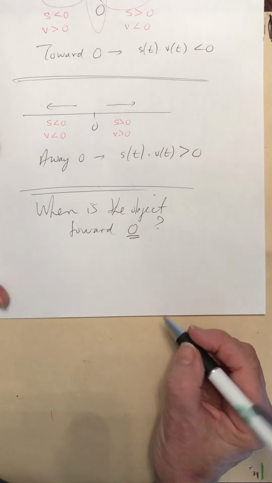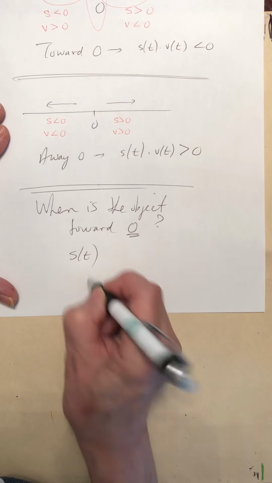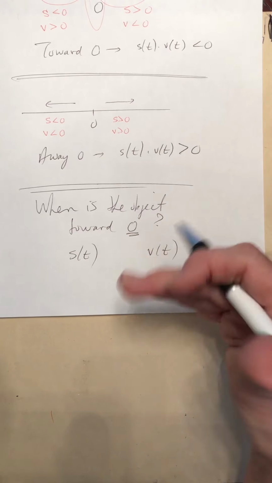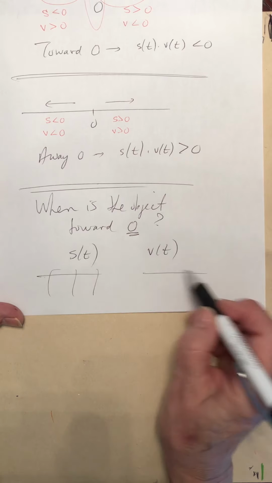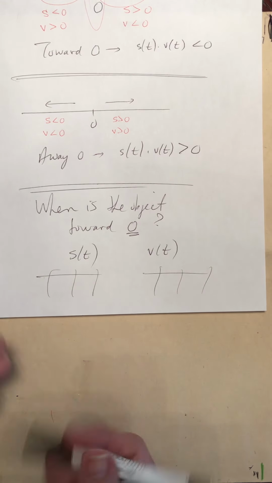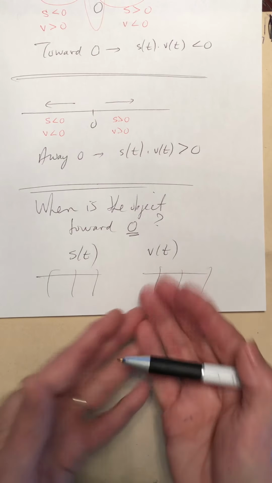But if you didn't have graphs, if you simply had equations, so you have an equation for s at t and you have an equation for v at t, find each of their critical numbers and actually make a sign chart. Make a sign chart for both and you'll have these intervals and you'll be able to see where this one's positive or this one's negative and this one's positive or this one's negative.